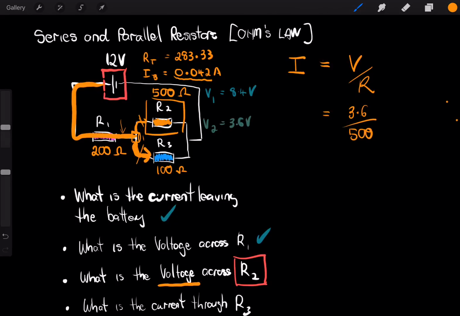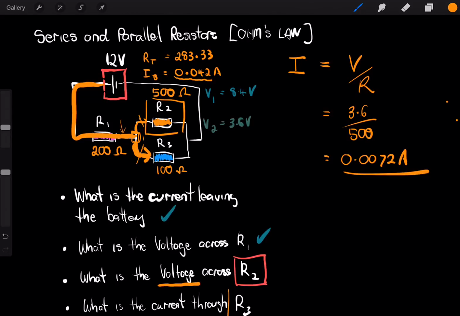So 3.6 divided by 500 is 0.0072. And so that's the current through R2.